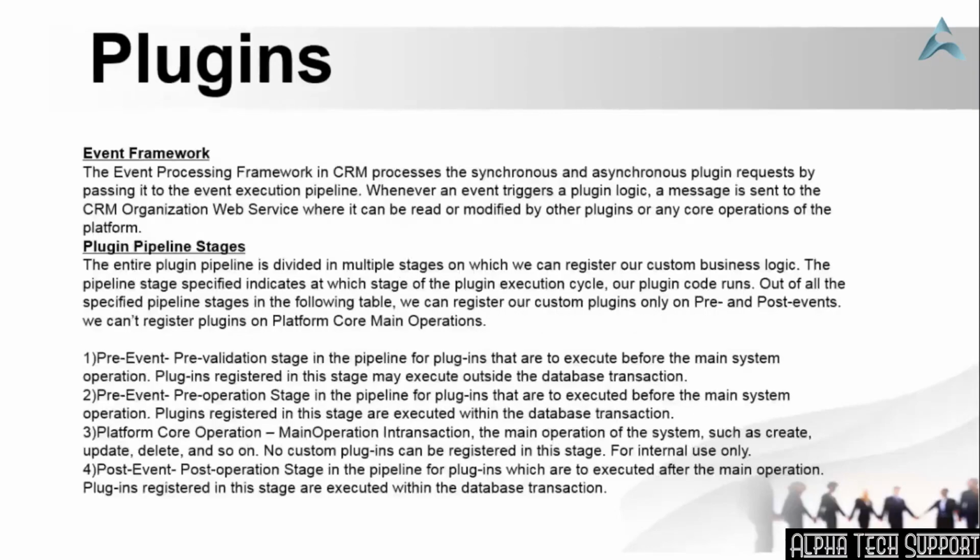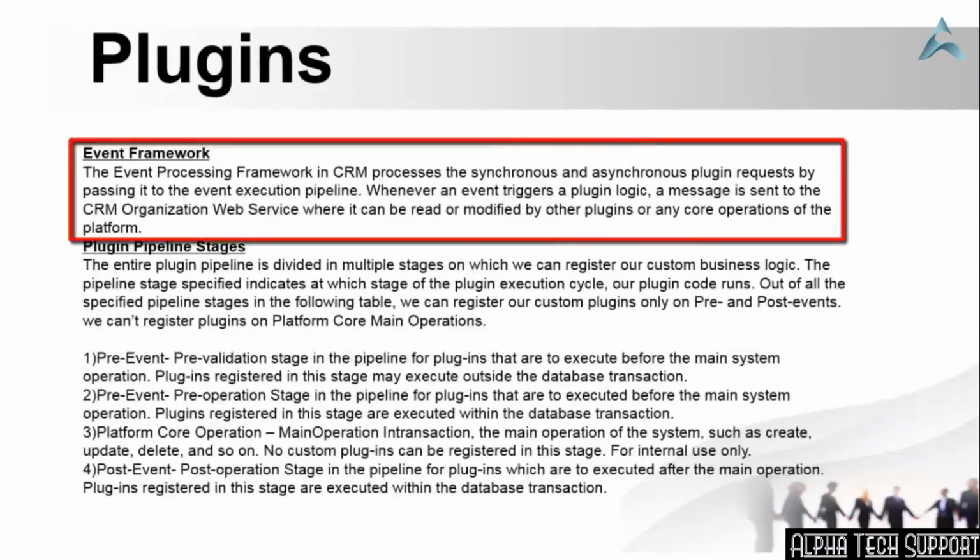The next point is the event framework. The event processing framework in CRM processes the synchronous and asynchronous plugin requests by passing them to the event execution pipeline. So this event processing framework is going to help us in terms of synchronous and asynchronous requests with the help of the event execution pipeline.